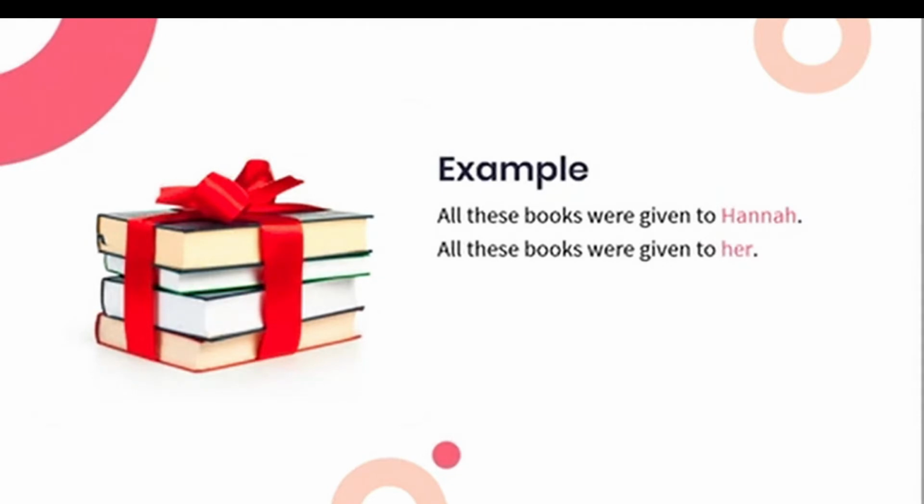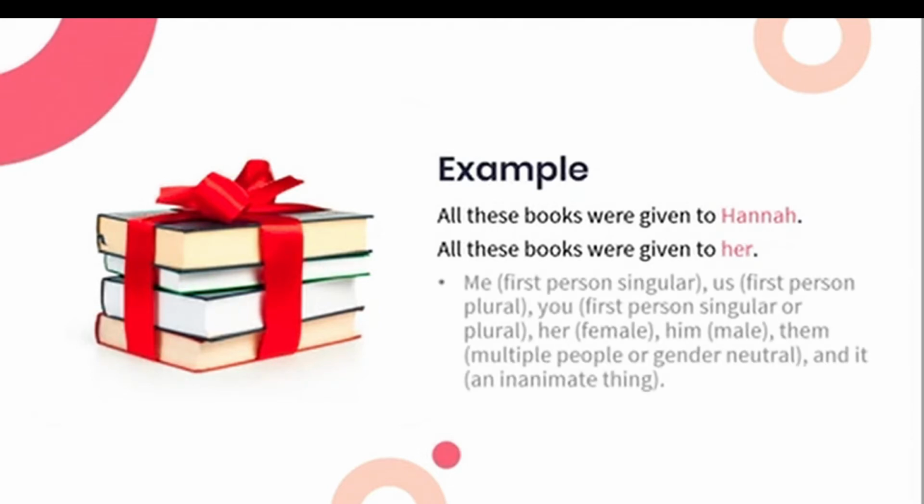Her is the female object pronoun, and we use it in this case because, as we mentioned before, Hannah is a woman. The other object pronouns are me, us, you, him, them, and it.